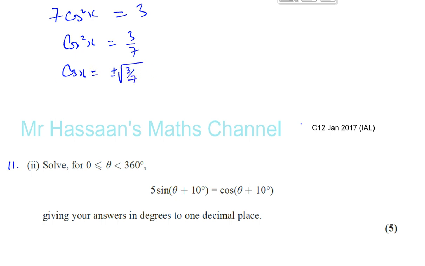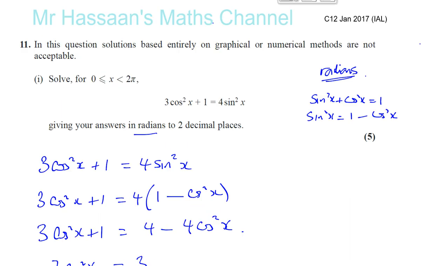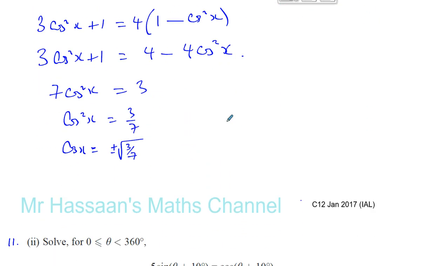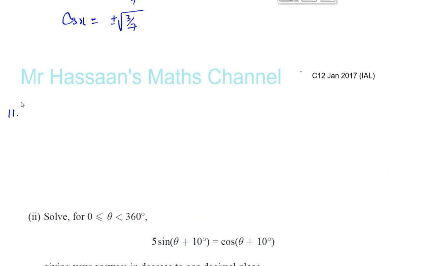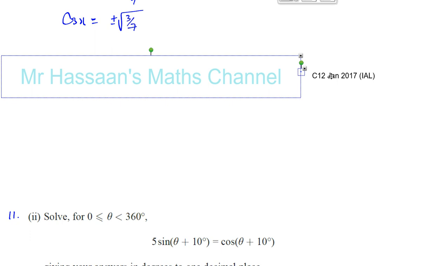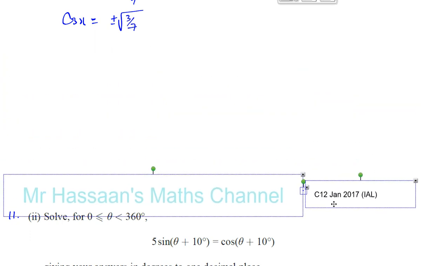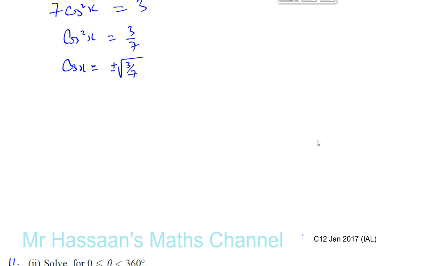Okay, so we've got two different scenarios here. We have when cosine of x is equal to plus the square root of 3 over 7, and when cosine of x is equal to negative the square root of 3 over 7.